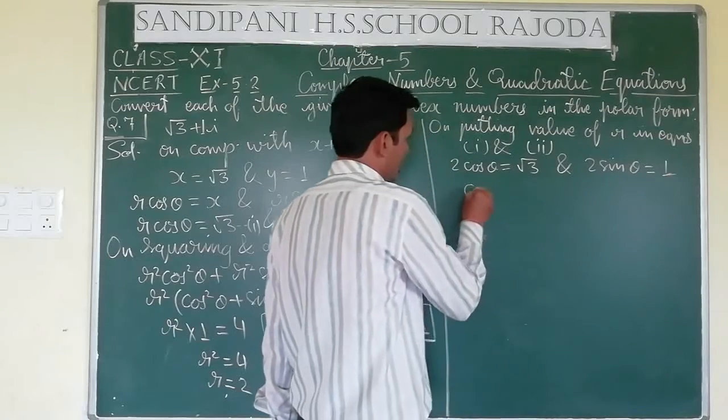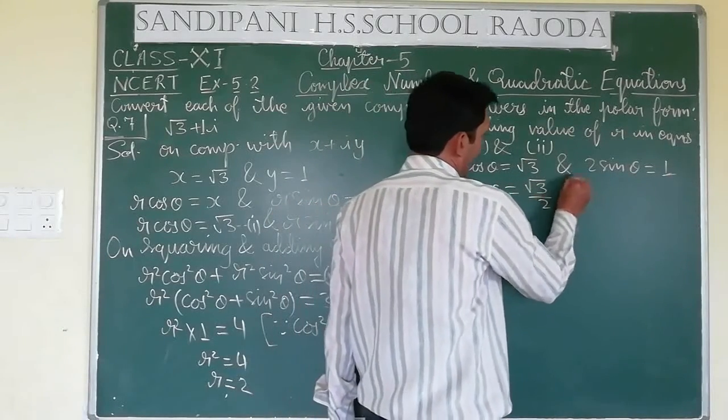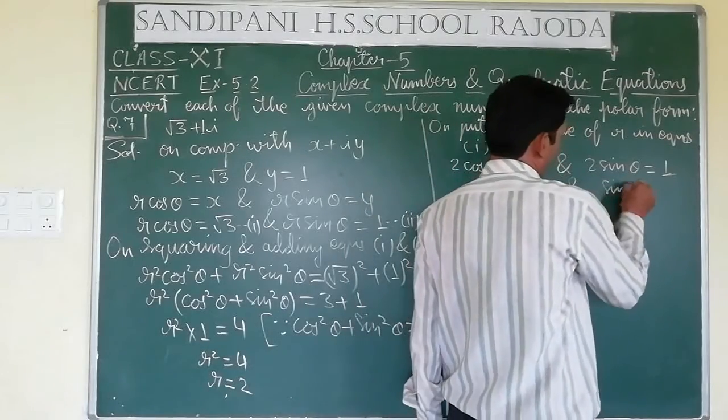So now cos theta is equal to root 3 by 2 and sin theta is equal to 1 by 2.